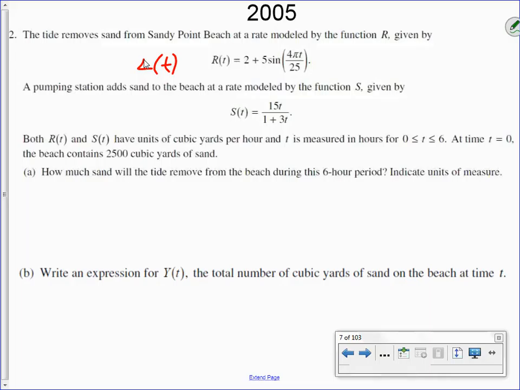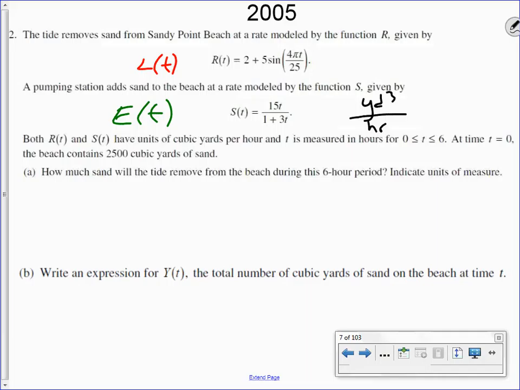A pumping station adds sand to the beach at a rate modeled by the function S, given by S of T. So that's your rate in. Both R of T and S of T have units of cubic yards per hour. So they're both measured in cubic yards per hour.